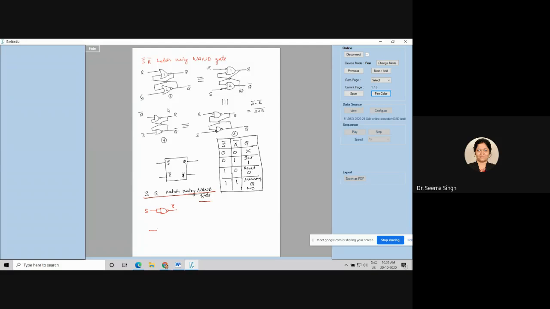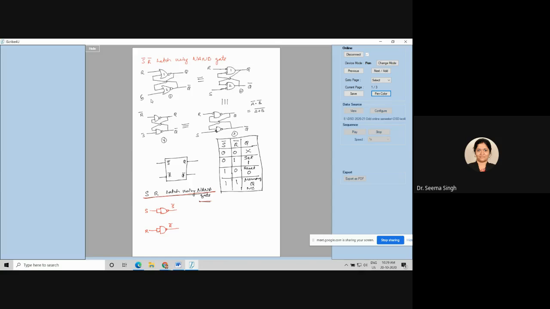Same way, I will short another input NAND gate and I will call it R, and you get here R bar. And the right hand side of this remains the same. Instead of R bar and S bar, I have connected it to NOT of S and NOT of R. It is a regular practice to keep S at top, so I have changed from S bottom to top.